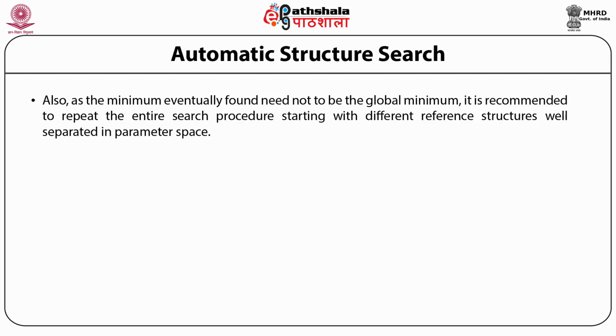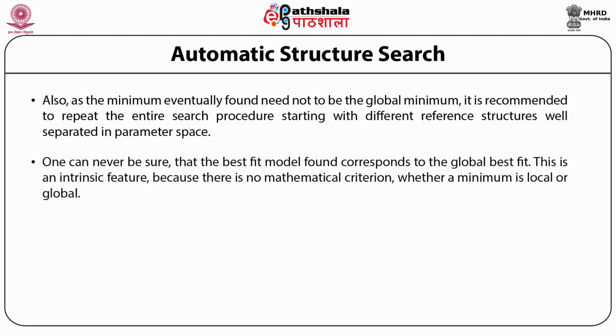The deepest minimum found is believed to correspond to the correct model as long as the R factor level reached is satisfactory. One can never be sure that the best fit model found corresponds to the global best fit. This is an intrinsic feature because there is no mathematical criterion whether a minimum is local or global.